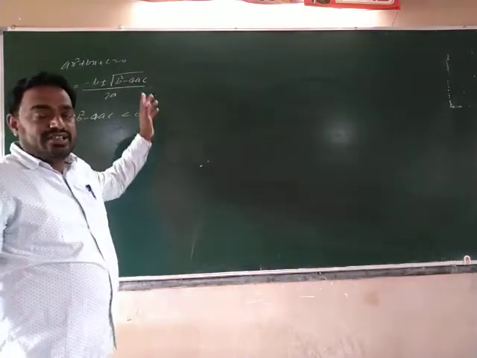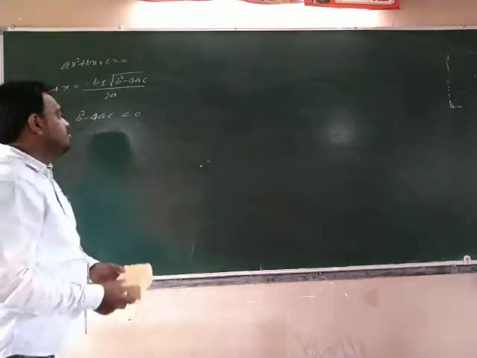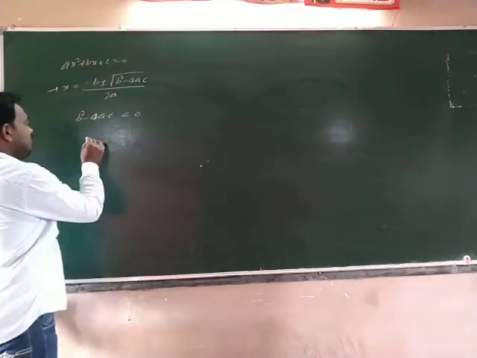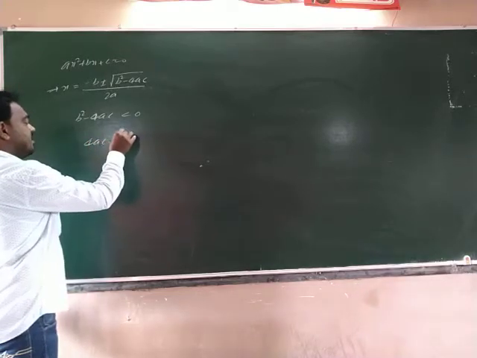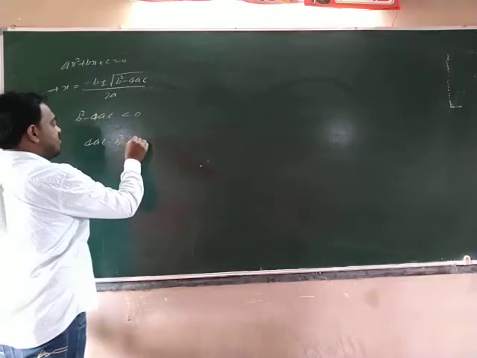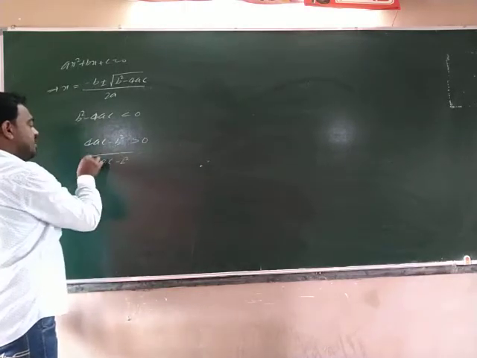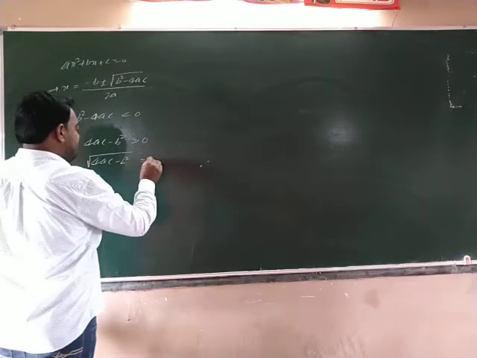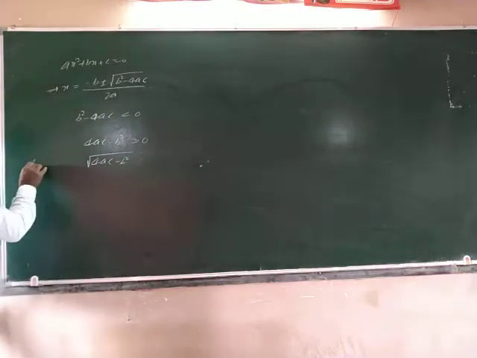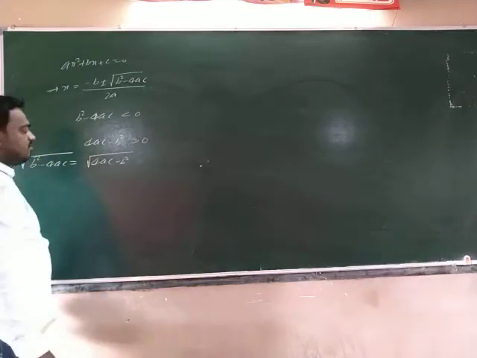That means it has non-real roots, nothing but complex roots. So 4ac − b² is greater than 0.